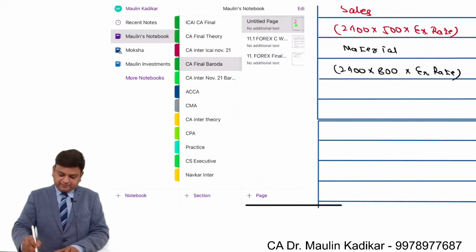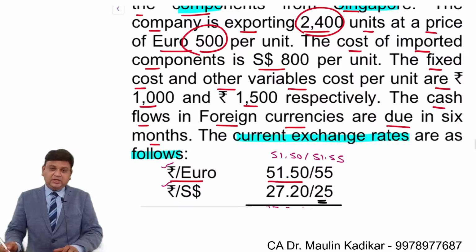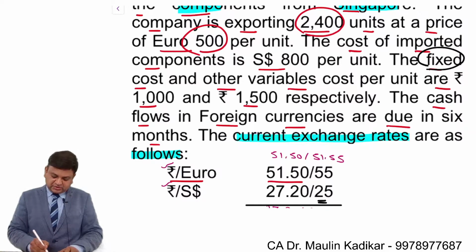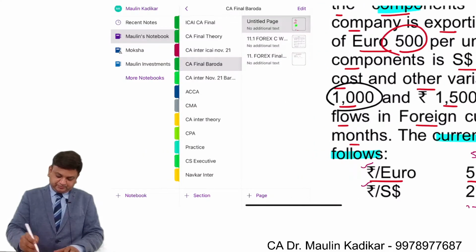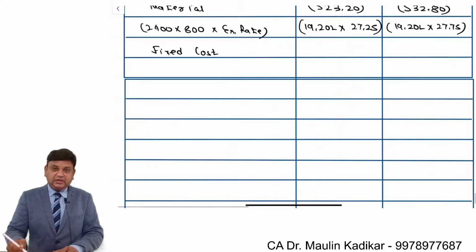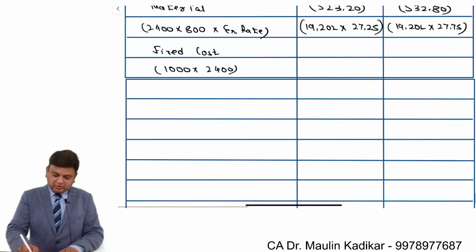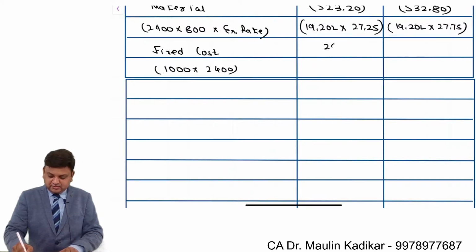Next is provided to us regarding the expenses which is in the domestic currency term. Fixed cost is given to us, it is 1000 rupees per unit, multiplied with 2400 units, that comes to an amount of 24 lakhs.